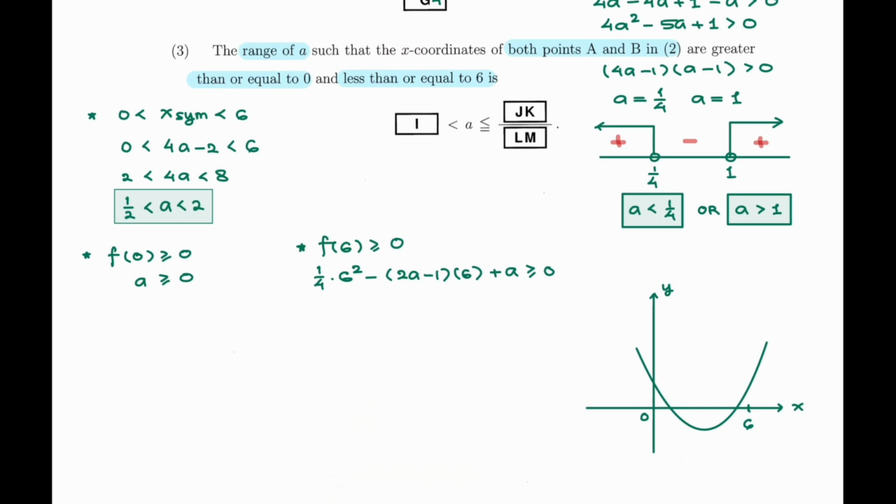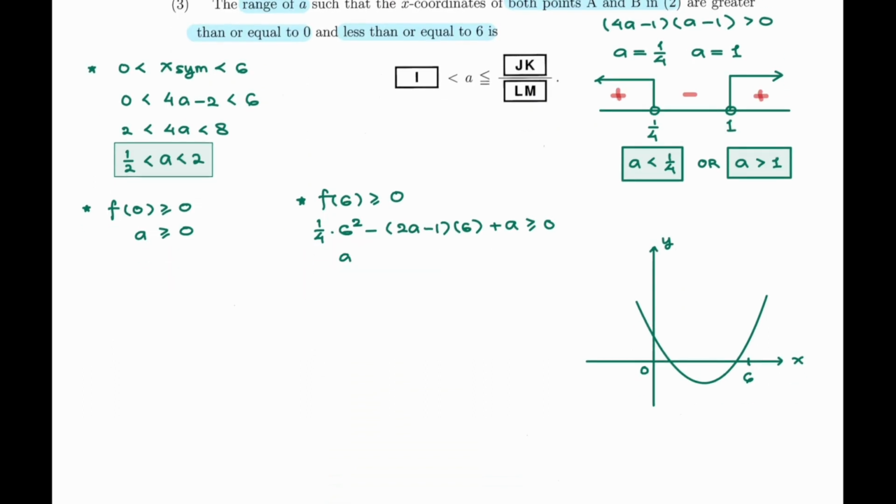And then if you simplify this expression, you will get 36 divided by 4, which is 9, minus 2 times 6, 12a, minus 6 plus a greater than or equal to 0.